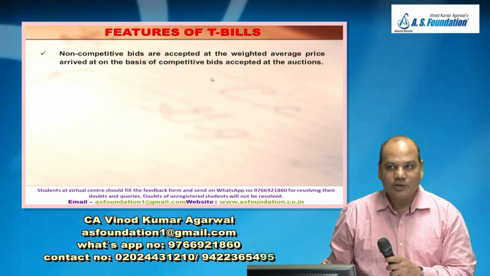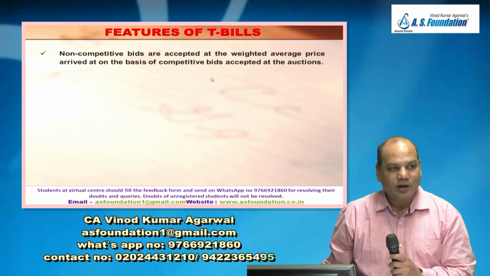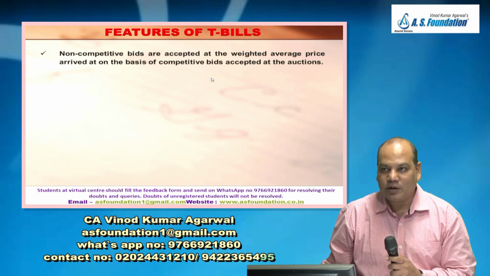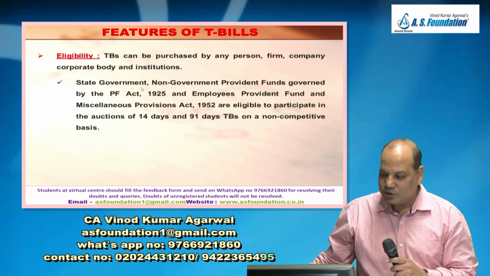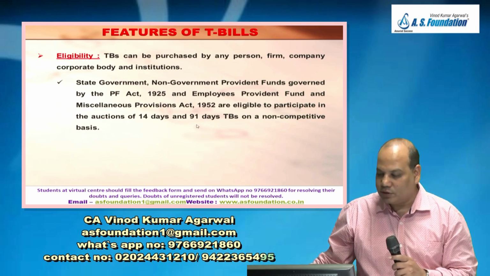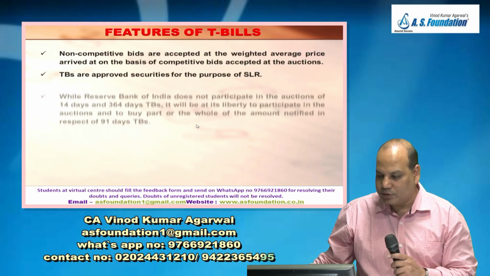We have not discussed this method in that example. Otherwise there can be a weighted average price also. Rate multiplied by quantity, and they can arrive at a weighted average rate. So these parties mentioned here, state government, PF, they can participate in two types of treasury bill, 14 days, 91 days on a non-competitive basis.